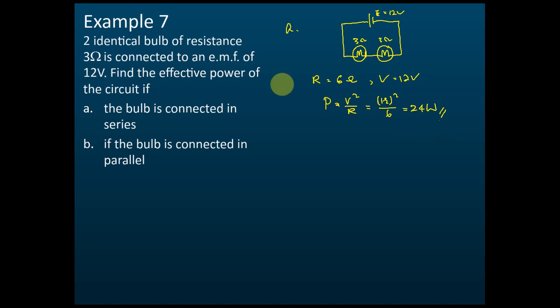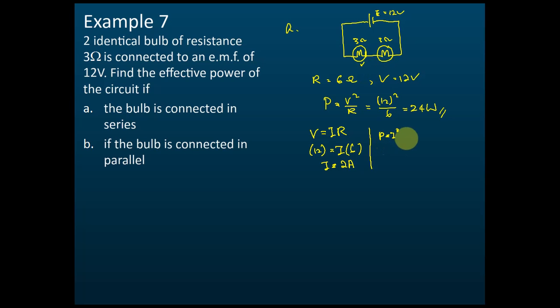You can also find the power separately. For example, you can use V equals IR to find the current. V is 12 volt, the current we don't know, the resistance is 6 ohm, so the current is equal to 2 ampere. After you get the current, you can find the power of each bulb.